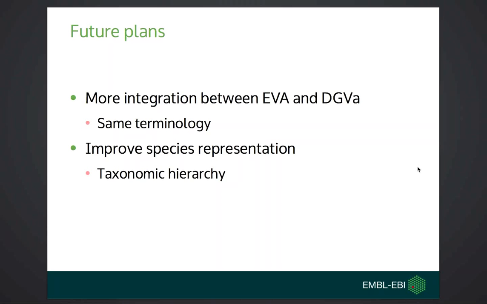And finally, we want to improve the species representation, showing a more complete taxonomic hierarchy, especially for those studies that are more complex, that involve multiple species sequenced against a reference genome.